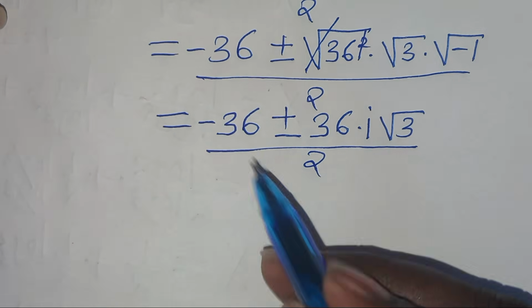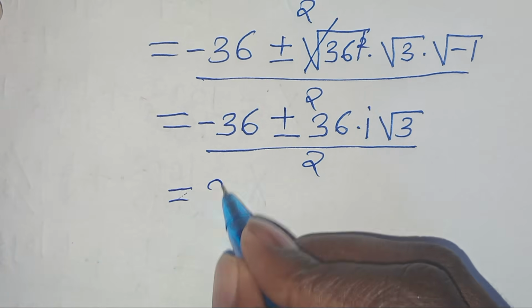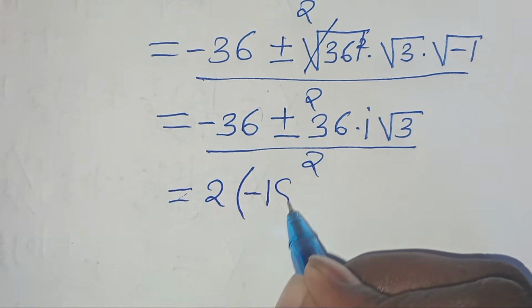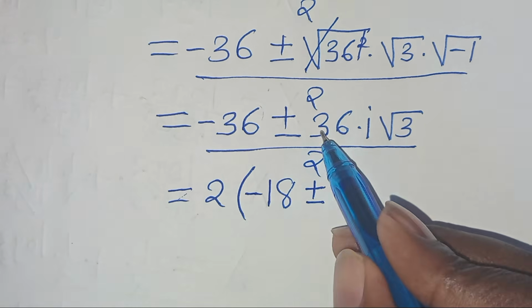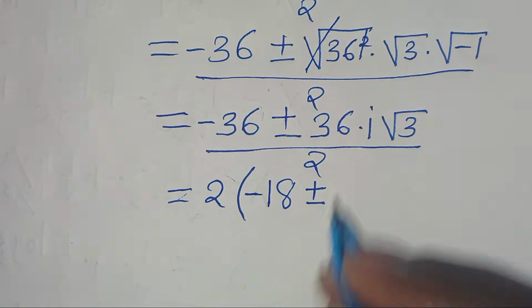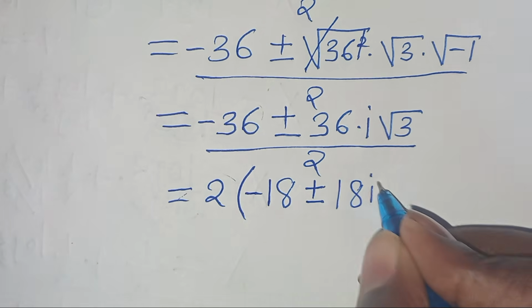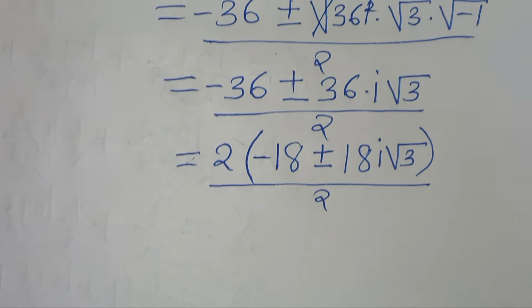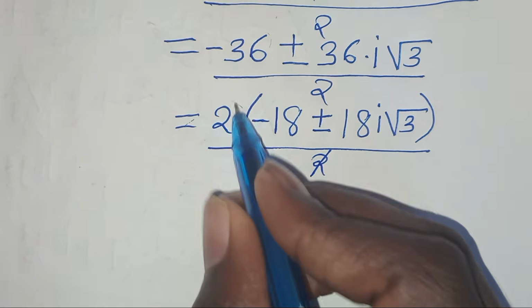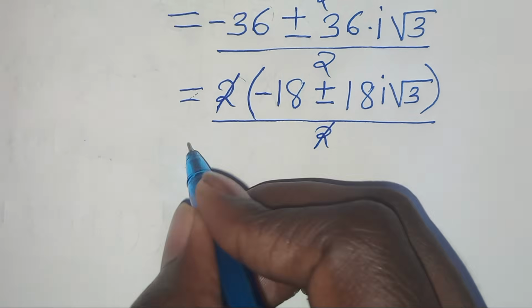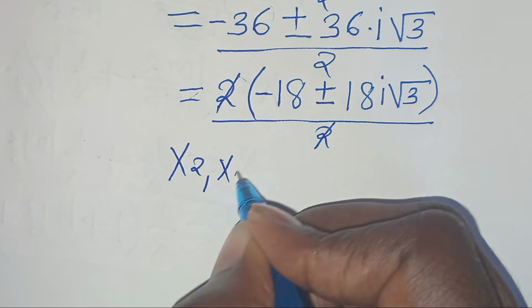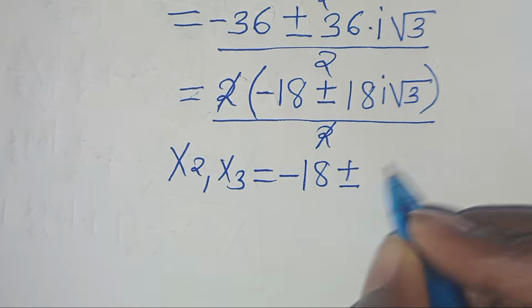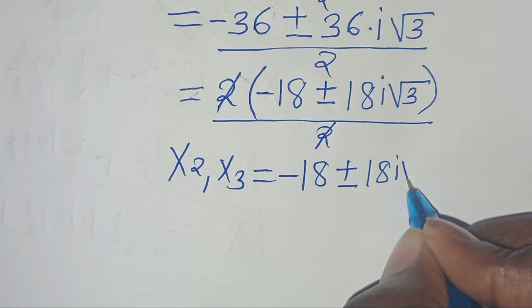So we have that in the numerator here, 2 is common, so let's factor out 2, so that negative 36 divided by 2, this is negative 18 plus or minus 36i square root of 3 divided by 2, this becomes 18i square root of 3, then this is divided by 2. So this means that we can simplify 2 and 2 here, so that x2, x3, this is equal to negative 18 plus or minus 18i square root of 3.